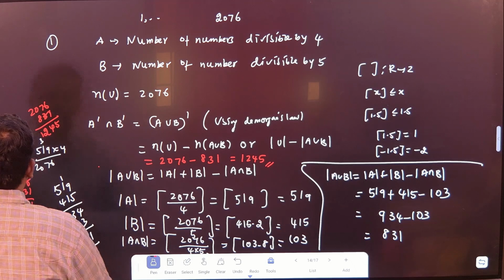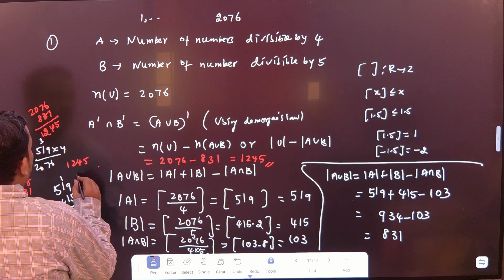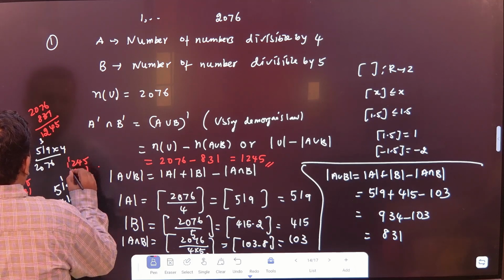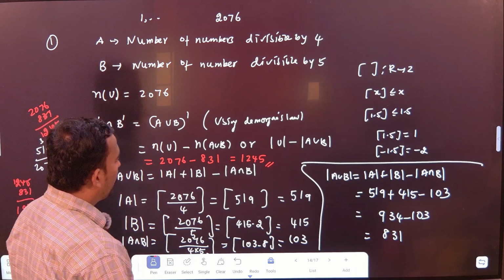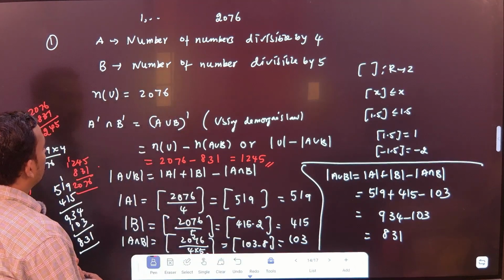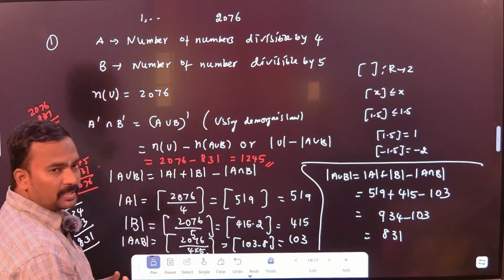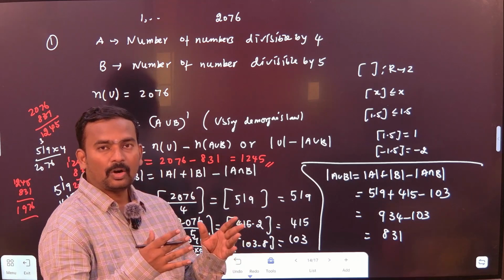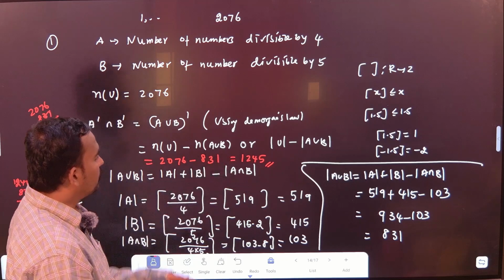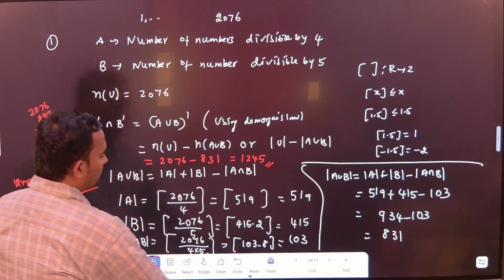You check once. 1245 plus 831 gives 2076, yes, it works. 1245 numbers from 1 to 2076 are neither divisible by 4 nor 5. Okay, let's do the next question.